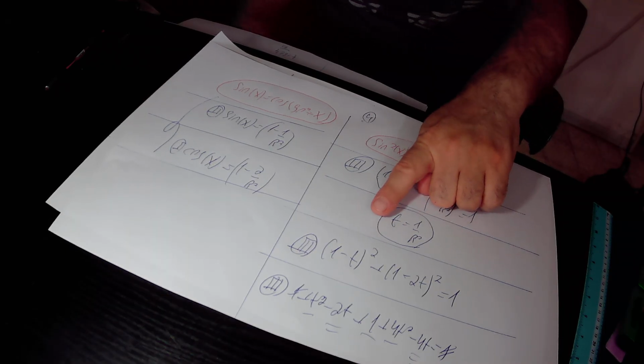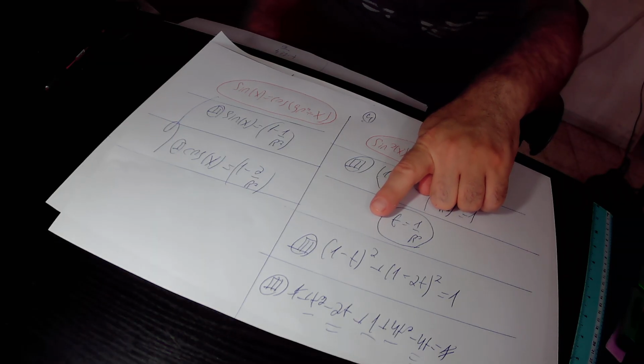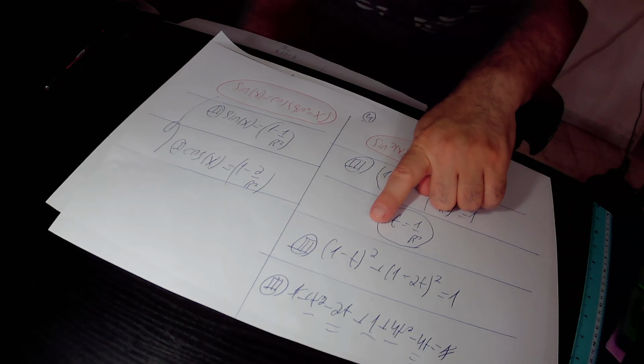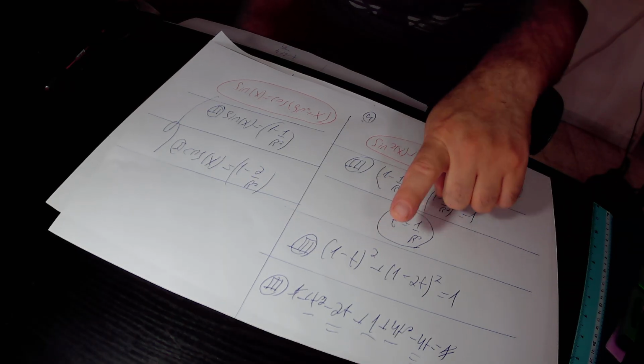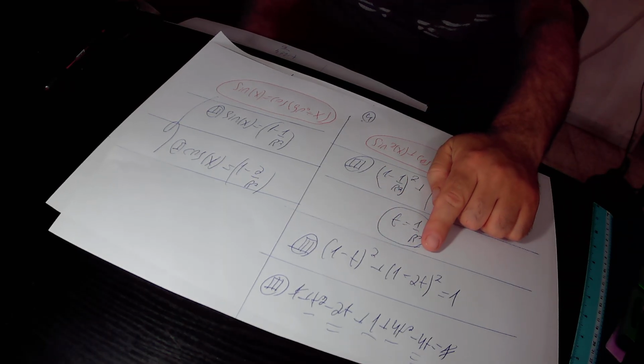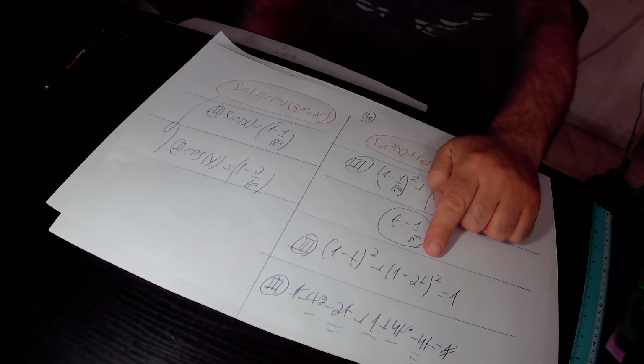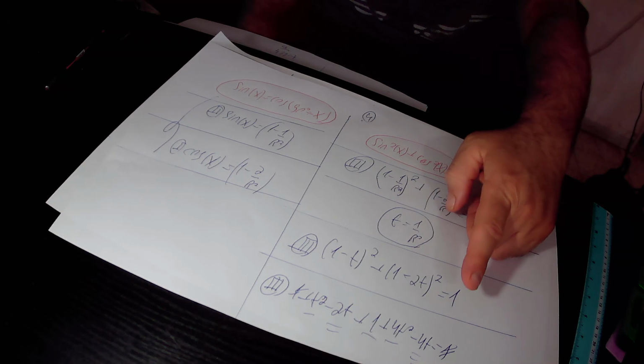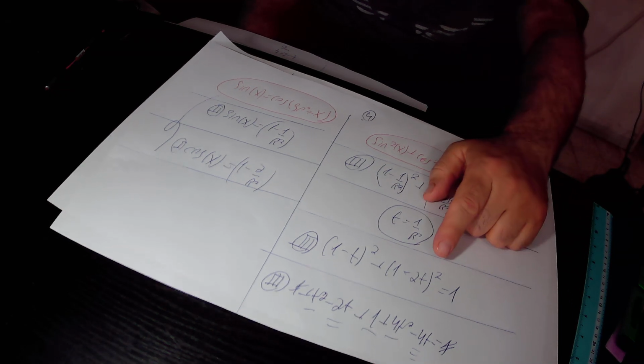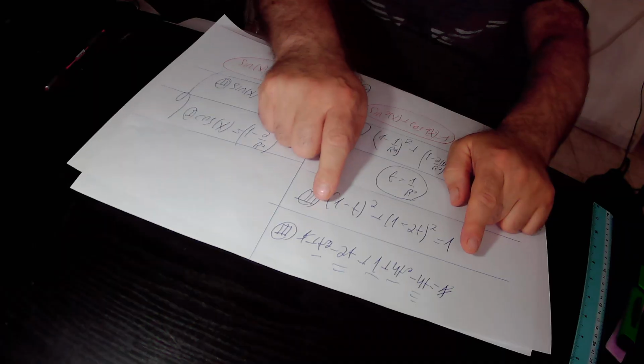Here we open the brackets on this side of equation 3, and finally find out that (1 minus t) squared equals 1 squared plus t squared minus 2t. And we have plus (1 minus 2t) squared, which equals 1 squared plus 4t squared, plus 2 times 1 times minus 2t, that is minus 4t, and it equals 1. So here we have 1 on both sides of the equation.